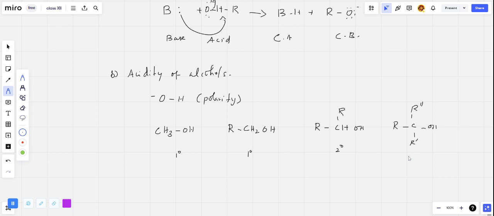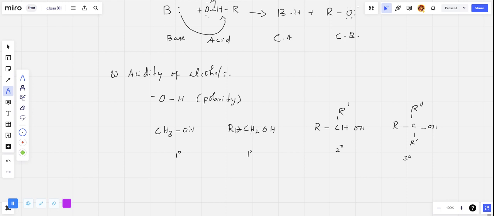This is tertiary. So if you are taking these alcohols, we know that R is an electron donating, electron releasing group. So it will release electrons. If it releases electrons, the electron density on oxygen increases.